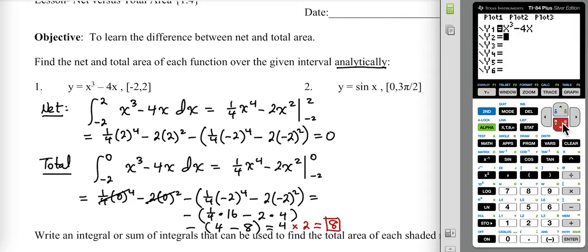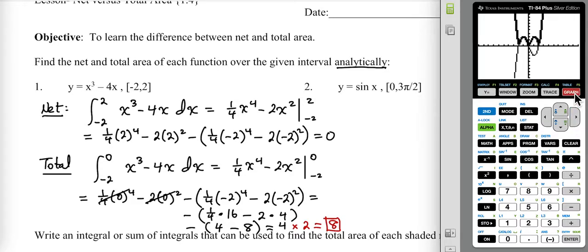If we take the absolute value, so alpha window option 1 of my original function, all right, so alpha trace y1, I'm going to make the second equation bold, so it pops, so it stands out. I'm going to hit graph. You'll see that it traces directly over the parts that are above the axis.